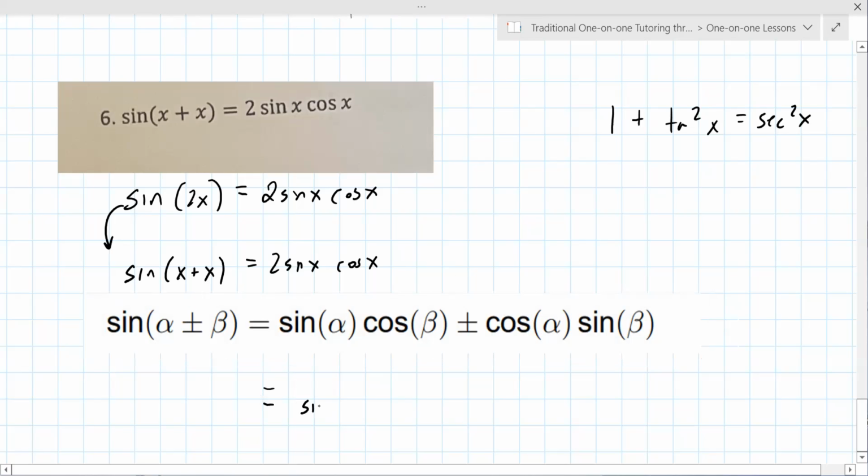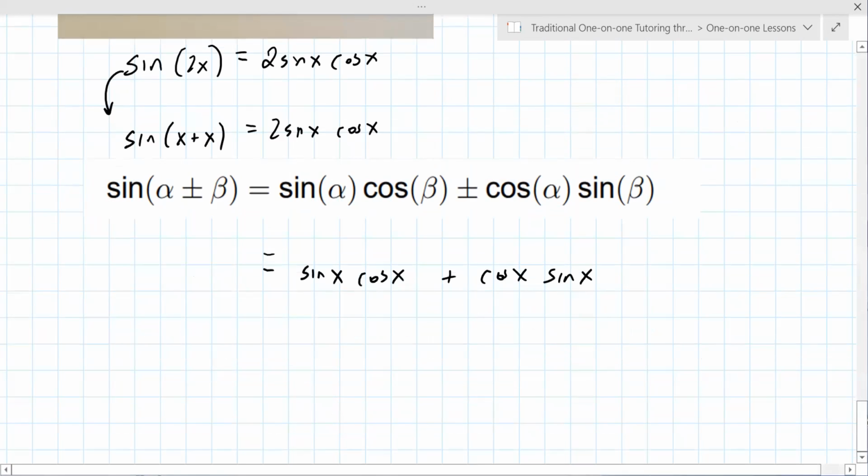So it's sine x cosine x plus cosine x sine x. Sometimes you need some words because you wonder why this makes two. It's because if you reorder the ones on the right, sine x cosine x, since multiplication can be done in any order, you see that I've got one here on the left and one here on the right. That makes two of them.